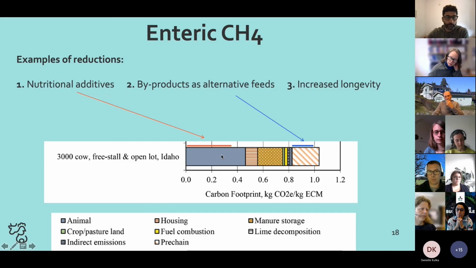Another option could be, for instance, using byproducts, so alternative feeds from the agro industry, to replace some of the conventional ones. And we know that we can reduce 10-50% of the emissions basically by reducing the associated emissions from the pre-chain part of the whole story.